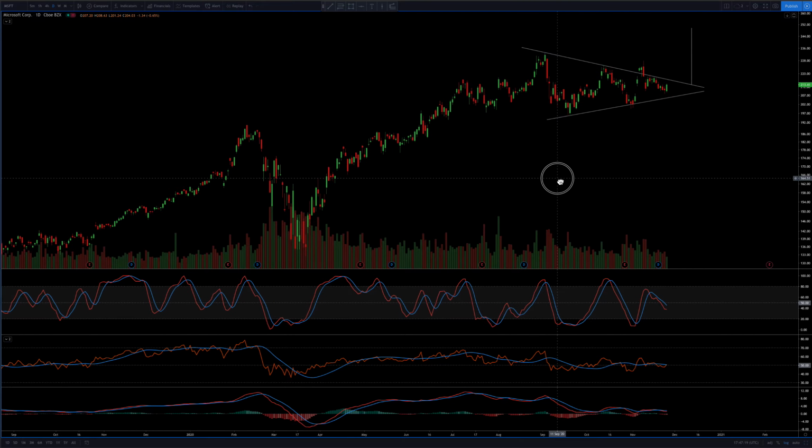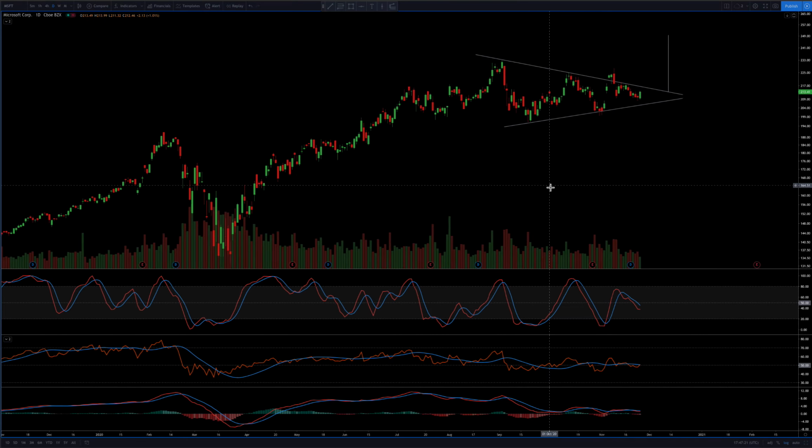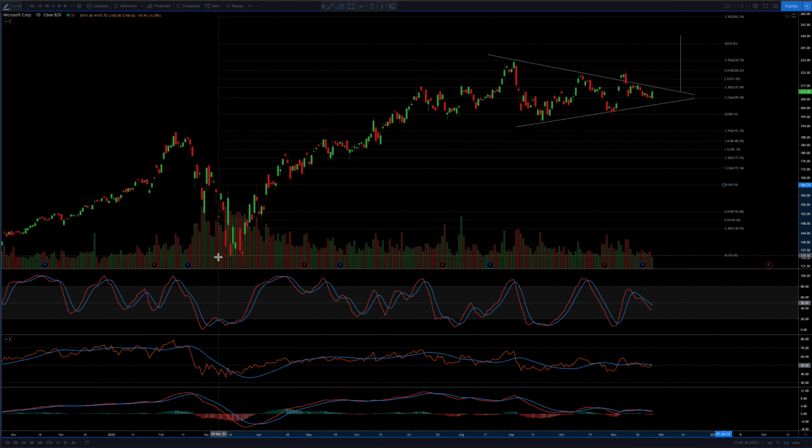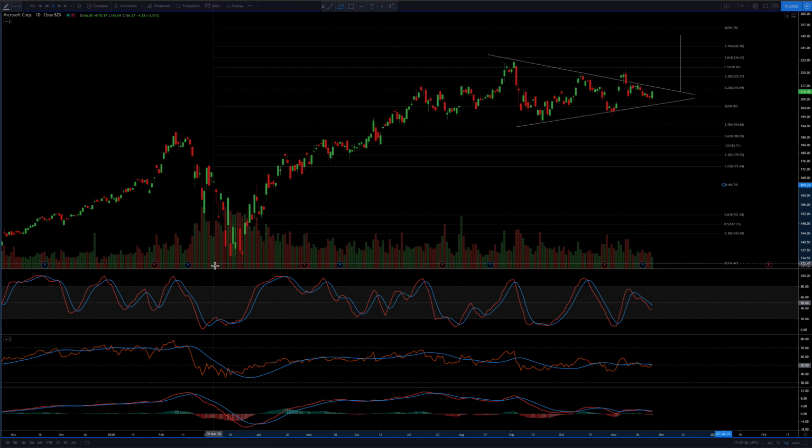And let's go ahead and put a Fibonacci extension on this. I like to put my Fibonacci extension at the top of the first swing high, and the bottom of the extension at the bottom of the first swing low.